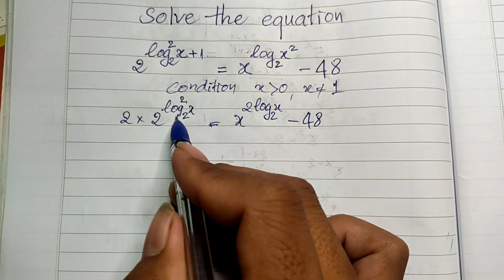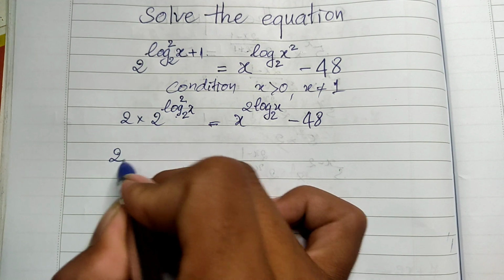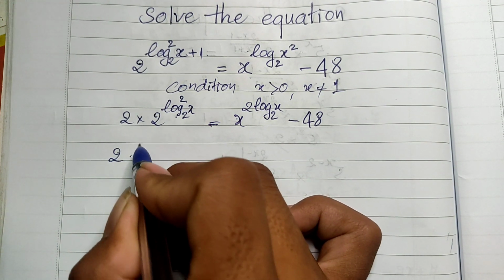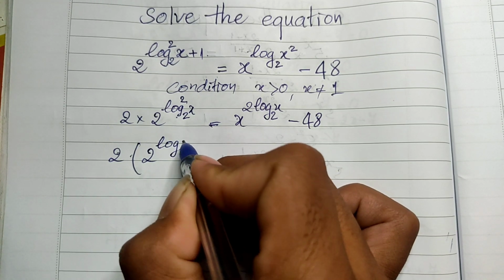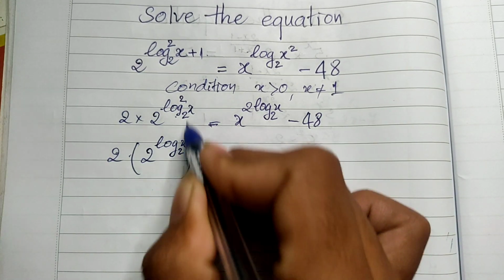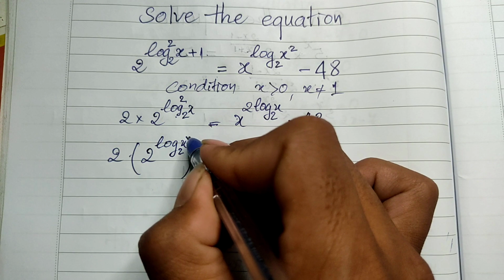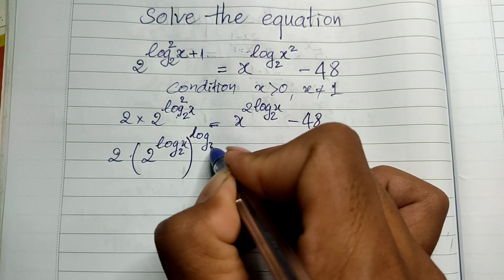Now for this I can write it as 2 multiplied by 2 to the power log₂(h), all to the power log₂(h).